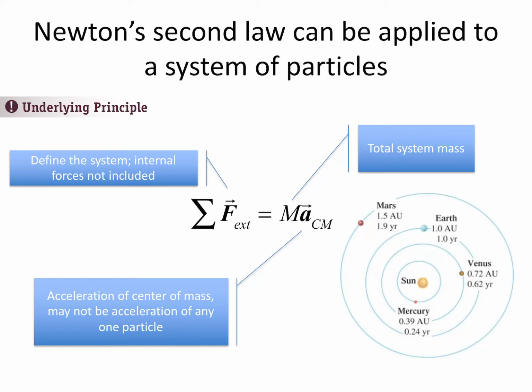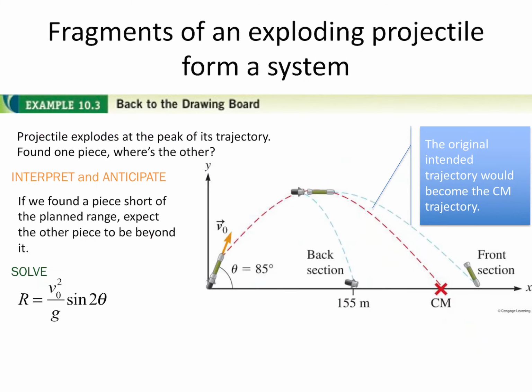Now, then we can apply Newton's second law to a system of particles. If you have a system of particles, then the center of mass acceleration of the system only depends on the net external force. You don't need to worry about the internal force for the center of mass acceleration of the system.